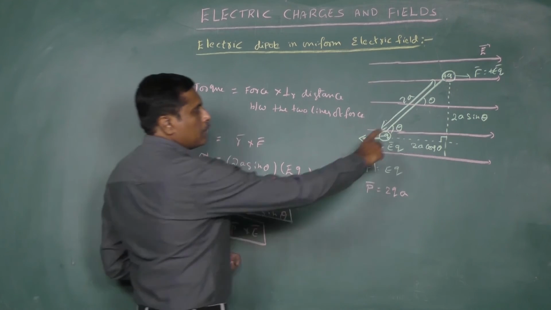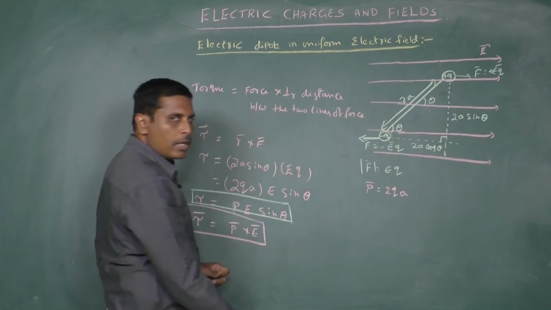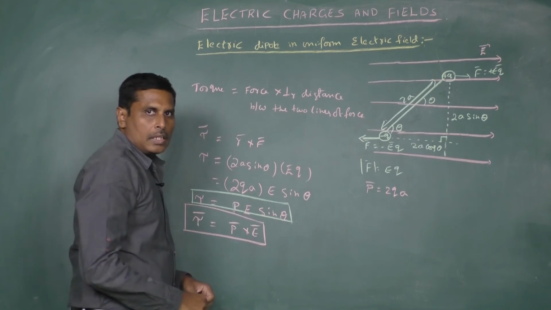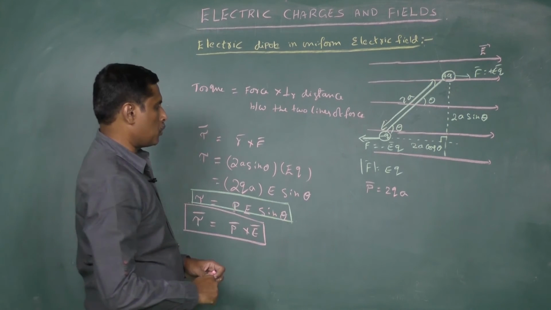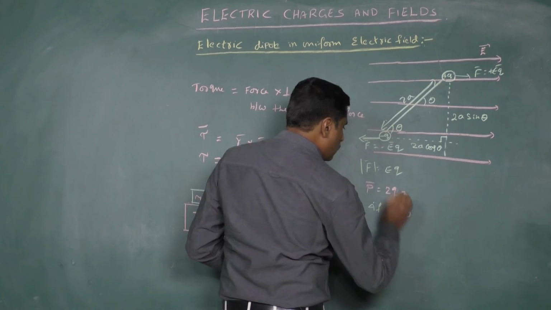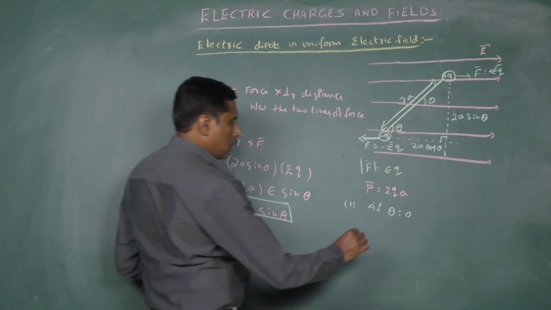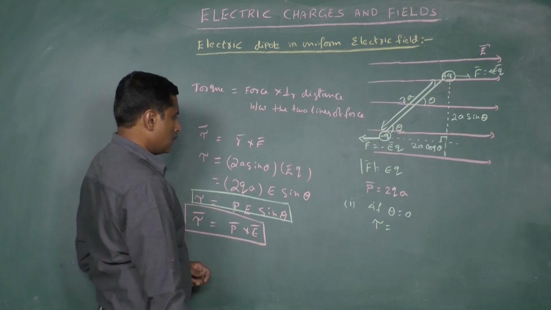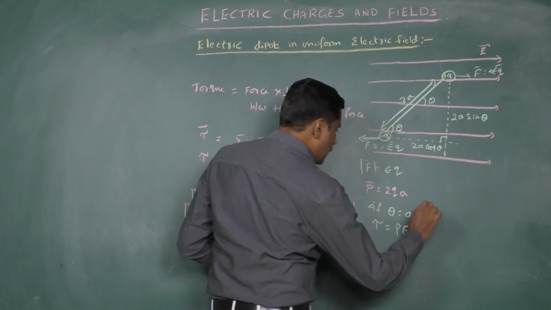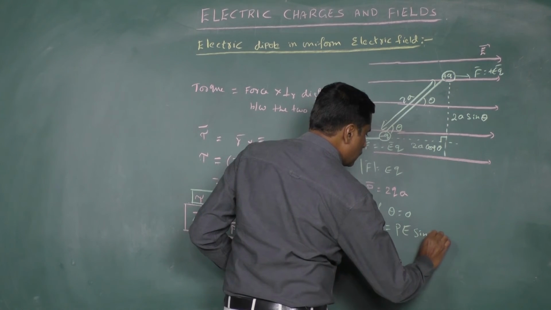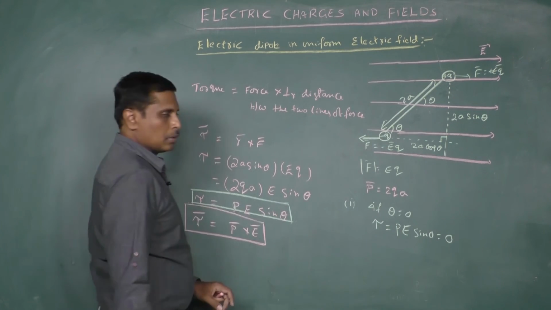Under what condition does the torque become 0? Suppose this electric dipole is oriented in the direction of the electric field, then theta is equal to 0. Now torque tau is equal to PE into sin 0, that is equal to 0.